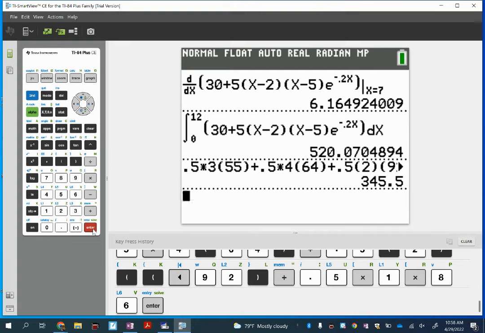So this is how many cars I expect to leave between 7 a.m. and 5 p.m., right? 2 hours after 5 a.m. is 7 a.m. So 7 a.m. to 5 p.m. So that's what I'm going to write down.